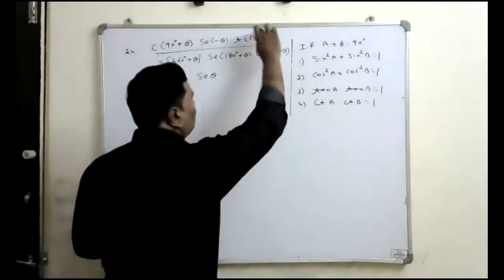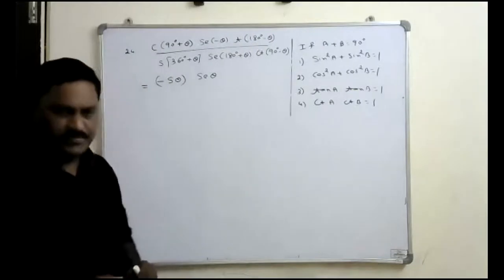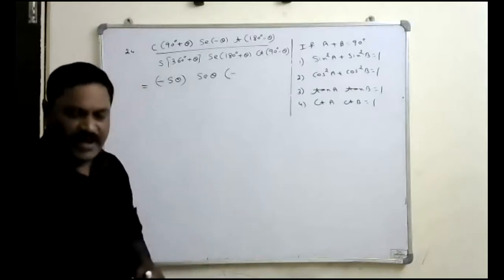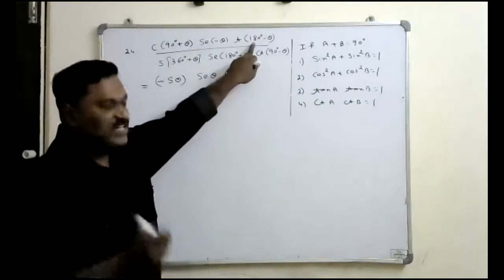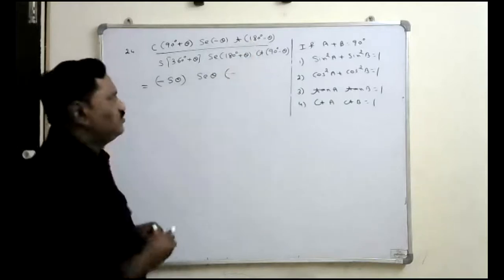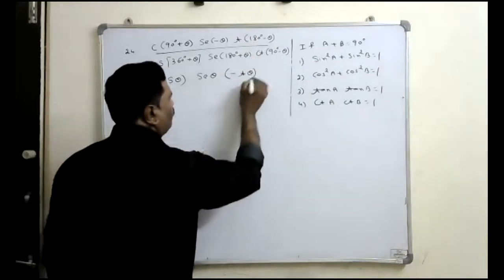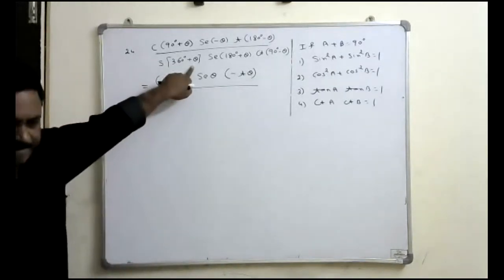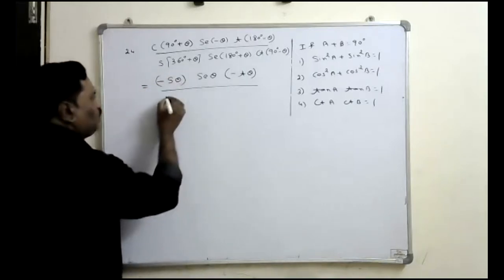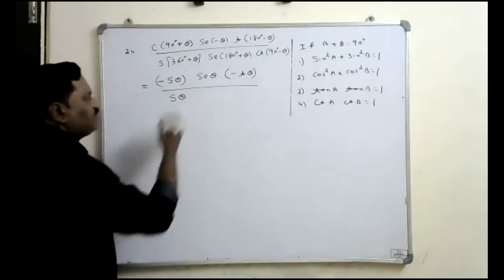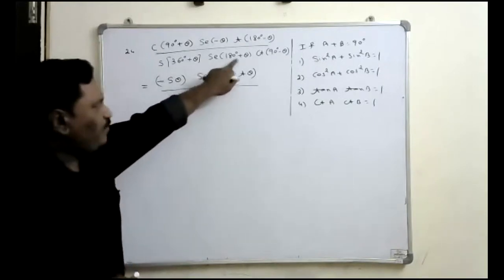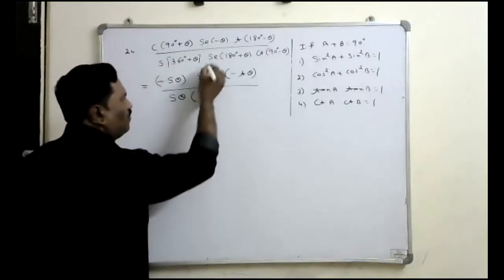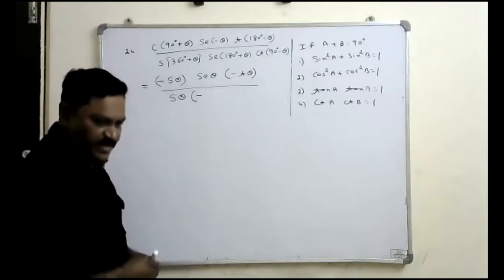And here the angle is 180 minus theta. Which quadrant does it lie in? Second. In the second quadrant tan is negative. The quadrant angle is 180, so tan stays tan only: minus tan theta. Upon 360 plus theta, which quadrant? First. In the first quadrant sine is positive, so it becomes sine theta. 180 plus theta, which quadrant? Third, where it is negative, so we get the minus sign.